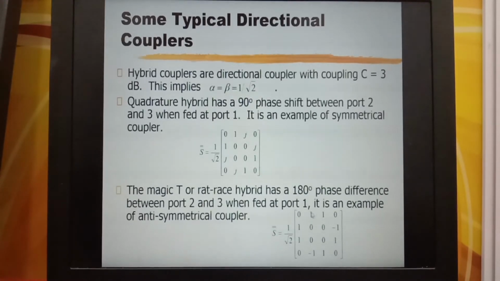They have the same magnitude and phase. But if the signal is fed to port 4, the power output at port 2 and port 3 will be equal in terms of the magnitude, but they have a phase difference of 180 degrees.